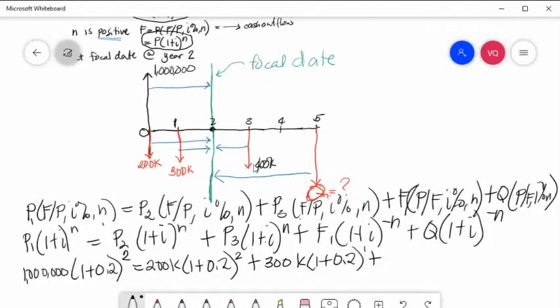Plus this 400K multiplied by 1 plus 0.2 raised to, from year 3 to year 2, we have negative 1. Plus our Q unknown, 1 plus 0.2. What is the value of our negative N? So from year 5 to year 2, we have 1, 2, 3, negative 3.